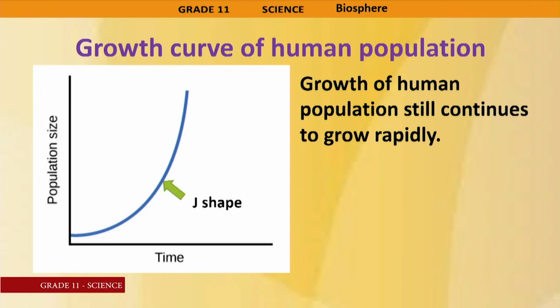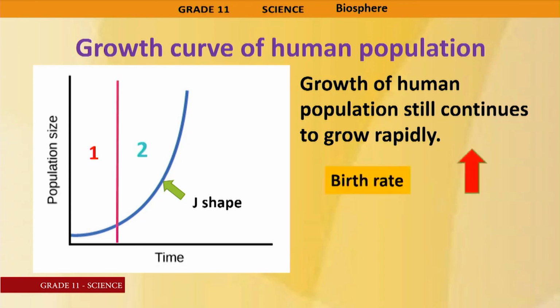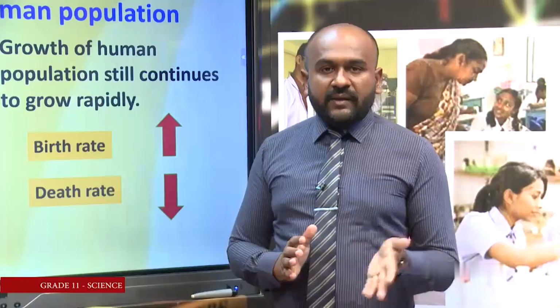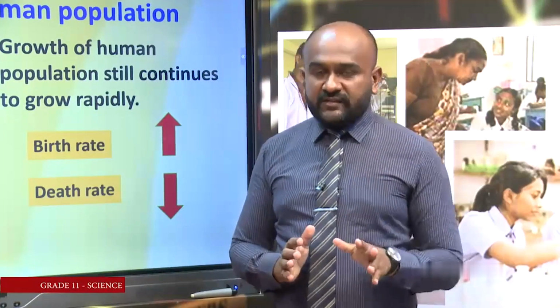Meanwhile, you can see that it takes a J shape, which is different from the growth curve of a typical population. You can see the birth rate keeps on increasing in the human population growth curve, and the death rate keeps on decreasing. Now, as I told you, I want you to think of the reasons why the birth rate keeps on increasing and the death rate has decreased.